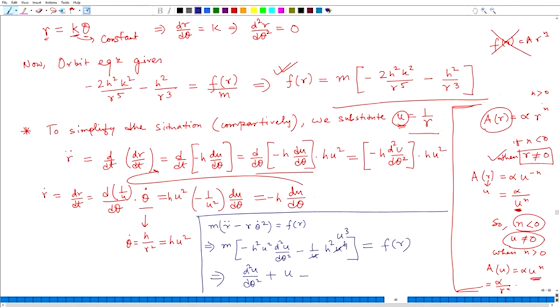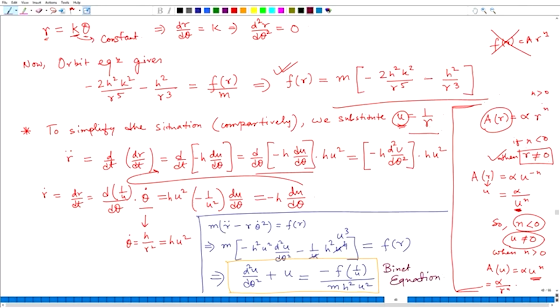So, u is equal to minus f(1/u), I am just writing r as 1 by u, by m h square u square. This equation is of substantial interest in the case of central motion. And this equation is known as the Binet equation.